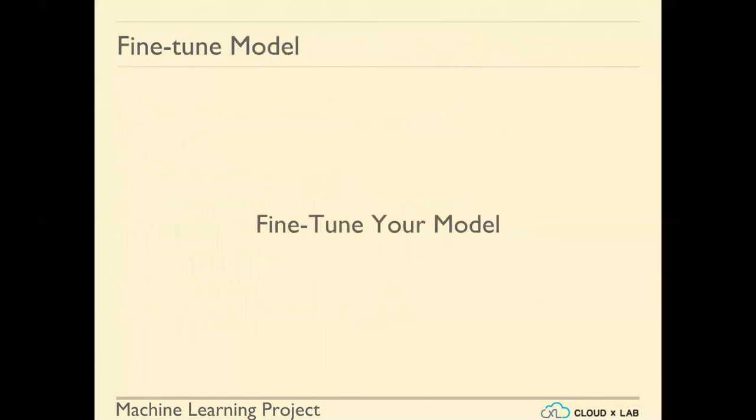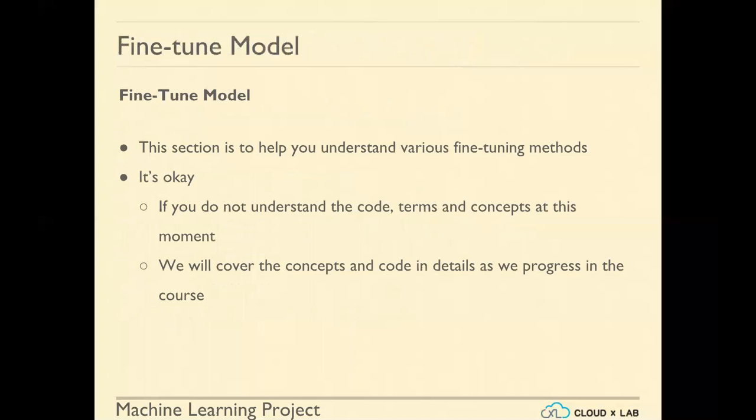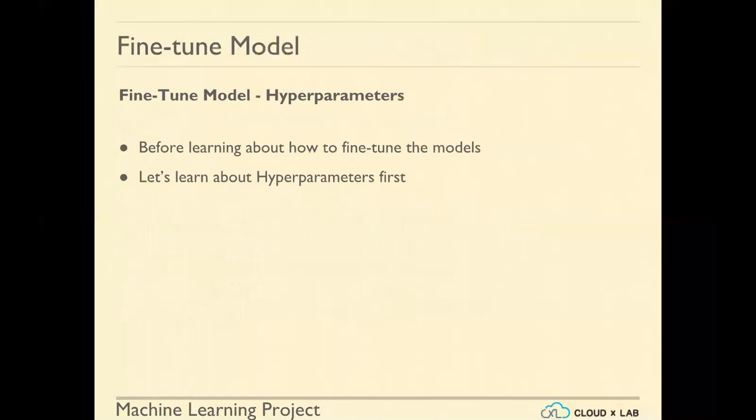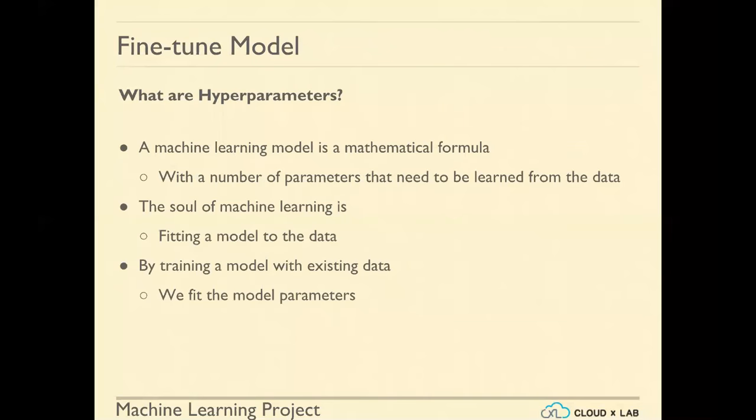Now, how to fine tune a model? First thing is to understand the various tuning methods specific to that particular algorithm, and next thing we need to fine tune is the hyperparameters. Every algorithm has those knobs, those parameters that we can pass to them. Those are called hyperparameters.